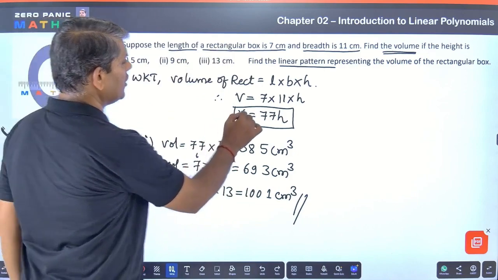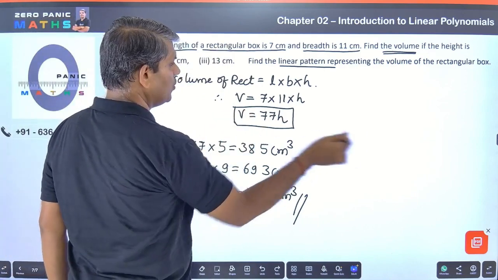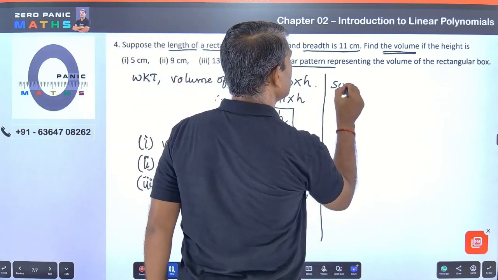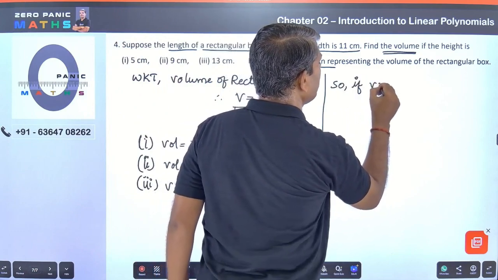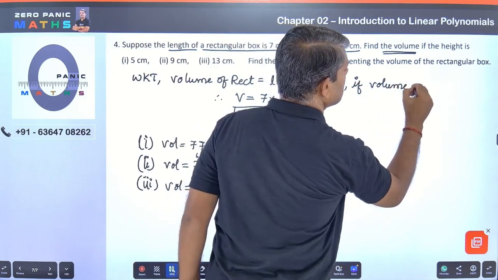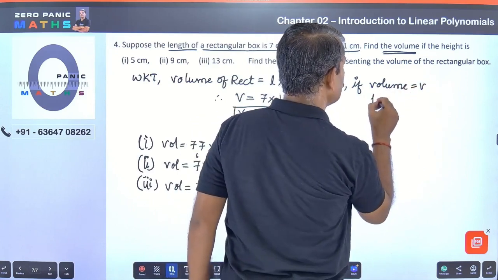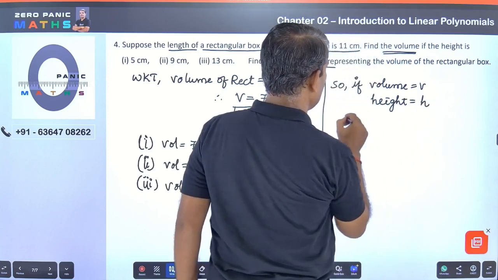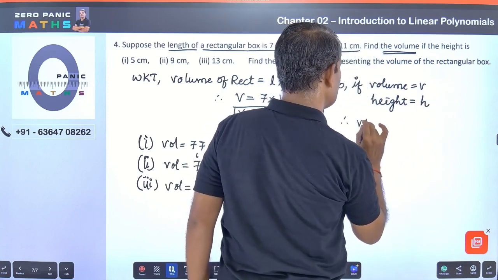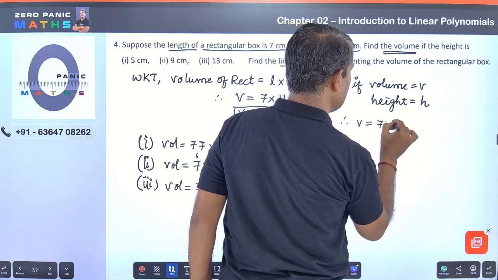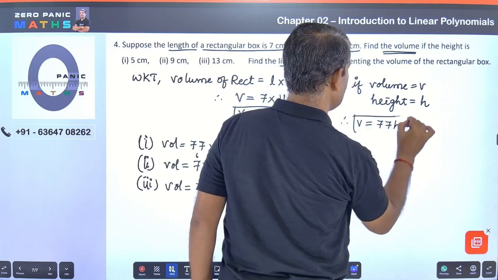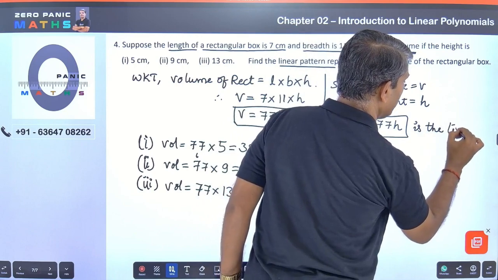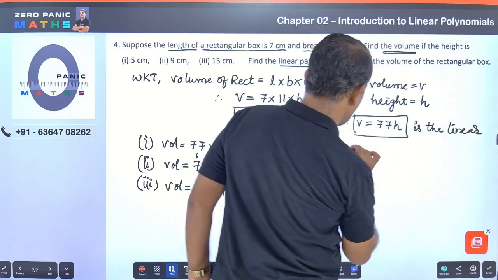As I already told, considering volume equal to V and height equal to h, therefore volume V is equal to 77h, which is the linear pattern for the required problem.